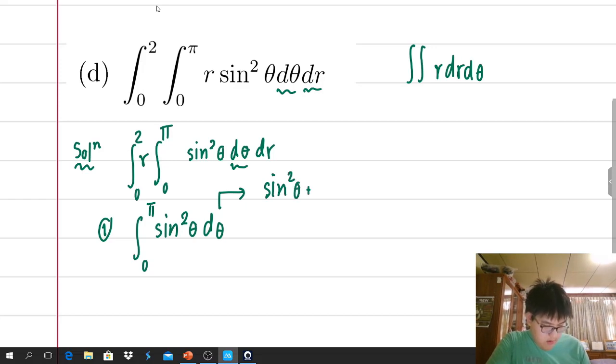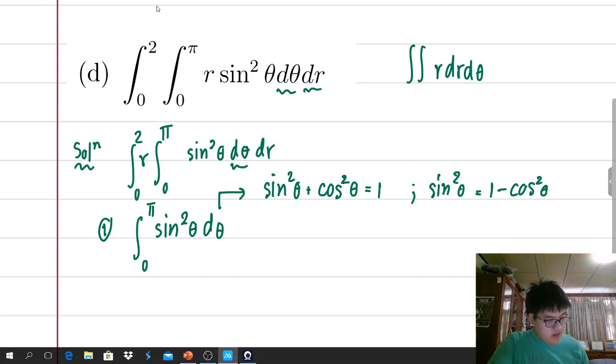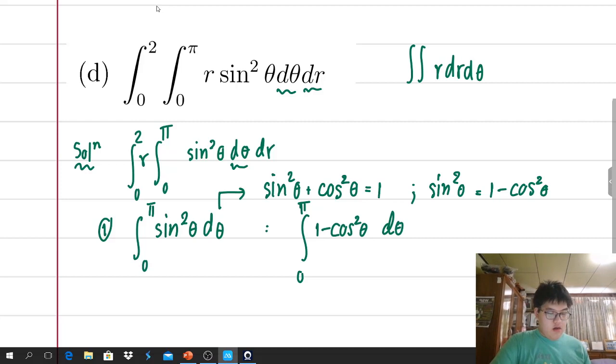sine squared theta plus cosine squared theta equal to 1. Then sine squared theta equals 1 minus cosine squared theta. Then you will plug in 1 minus cosine squared theta d theta.